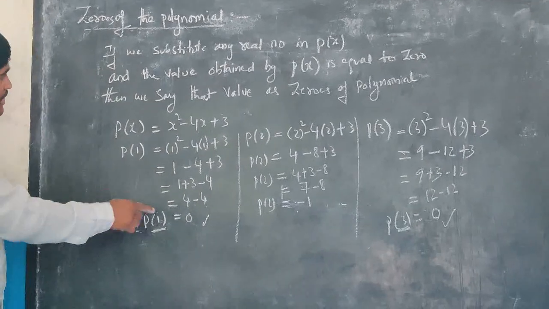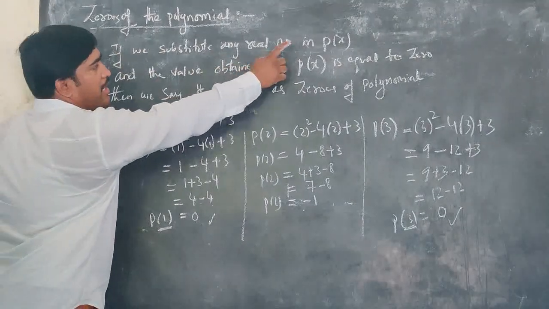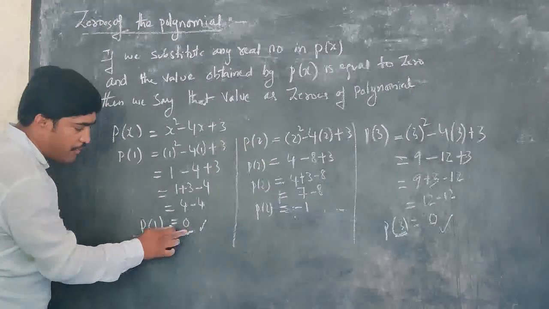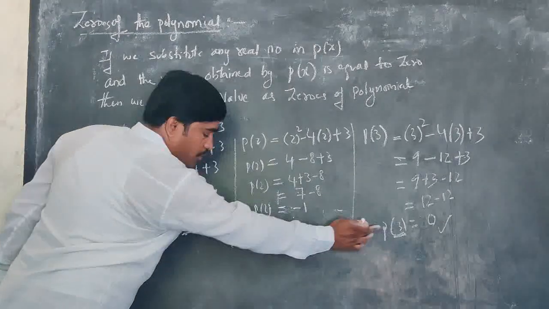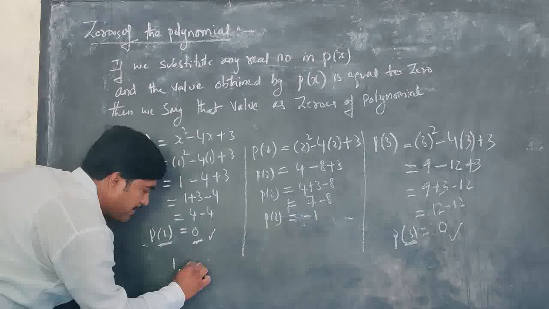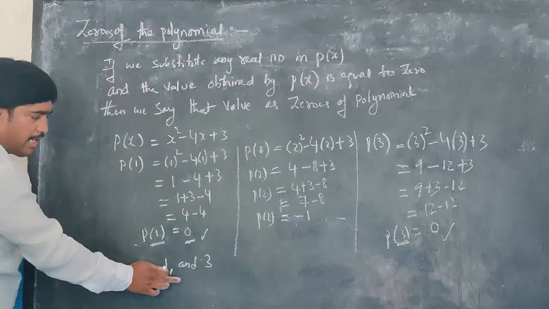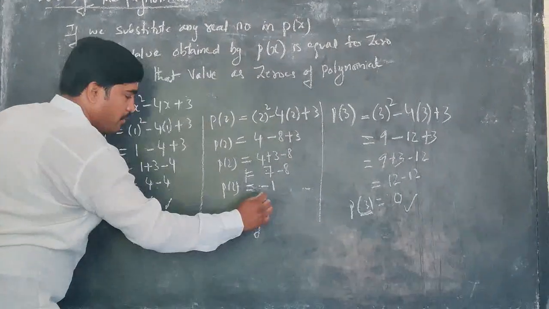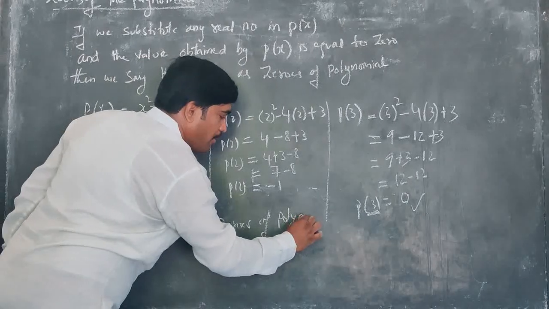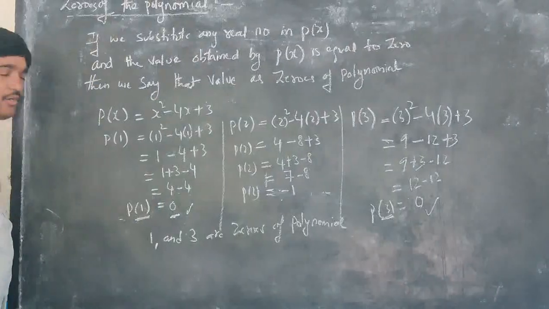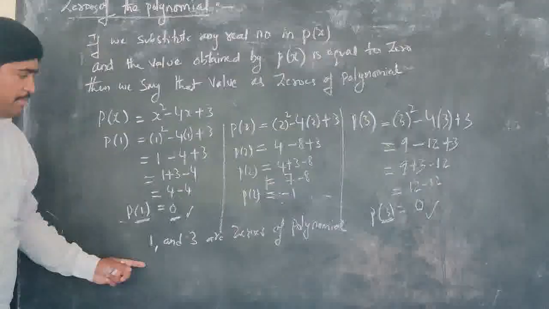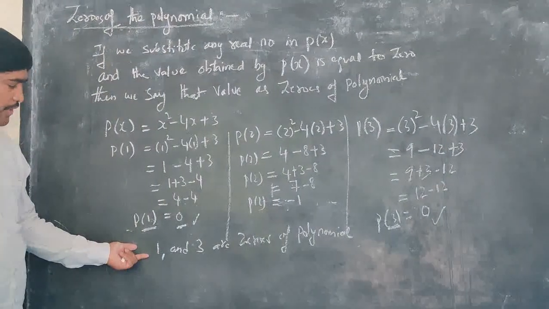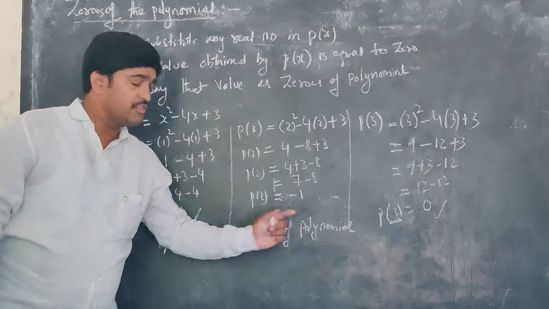When this happens, if we substitute any real number in P of x and the value obtained by P of x is equal to 0, I can say that 1 and 3 are the zeros of the polynomial. This is how we find out whether values are zeros of the polynomial or not. From these three, 1, 2, 3, I conclude that only for 1 and 3 the values of the polynomial are 0.